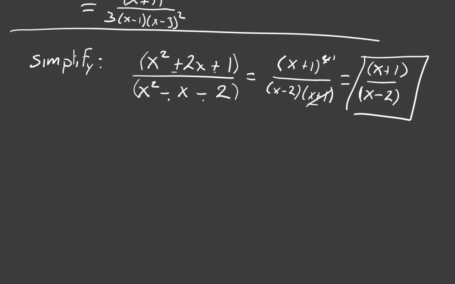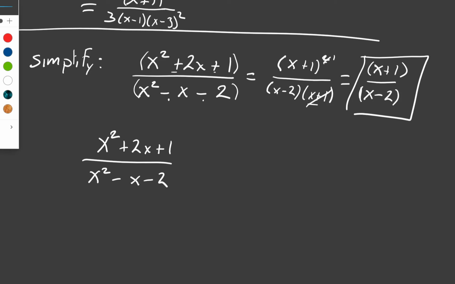Let me show you one of the common mistakes that you do not want to make. So this is x squared plus 2x plus 1 divided by x squared minus x minus 2. I'm going to do this in red, because this is something that you do not want to do. Don't do this.